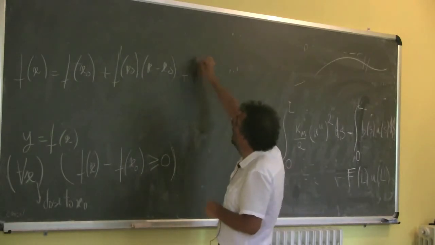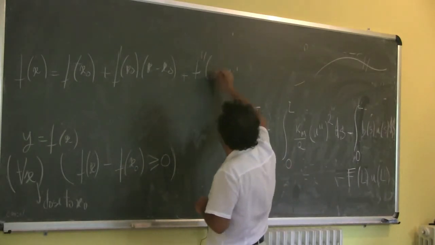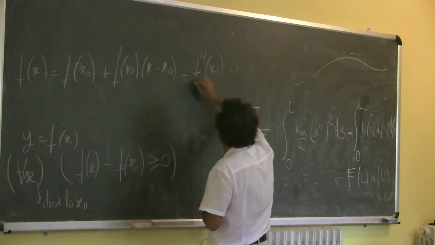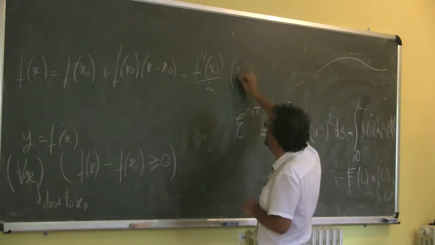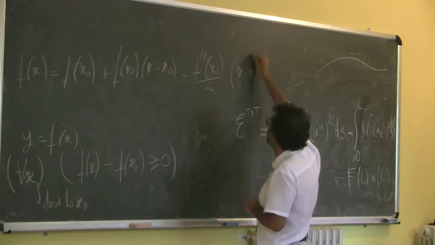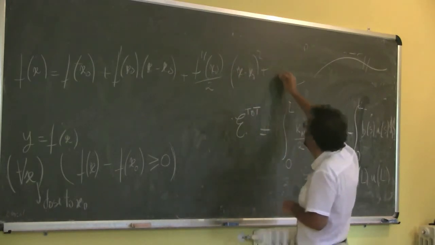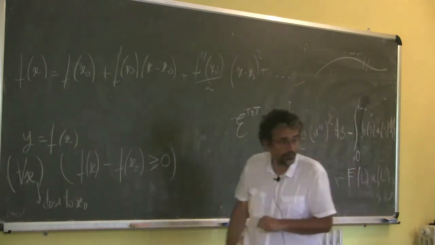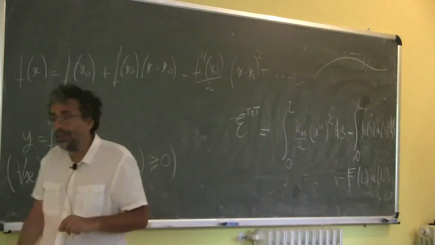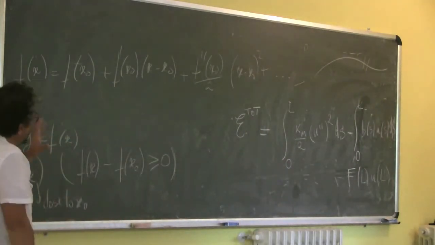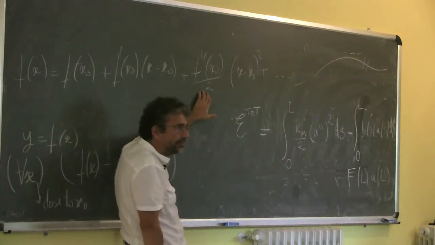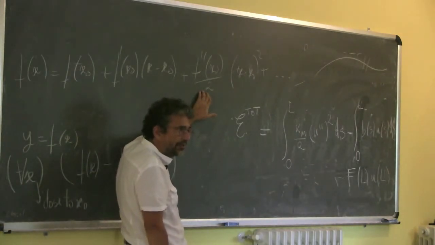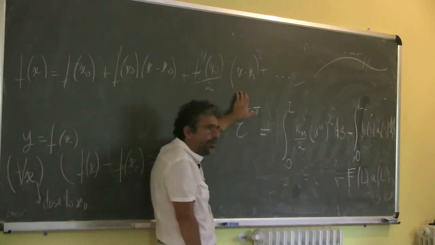Plus f second of x0 over 2 times x minus x0 squared plus other terms. Okay? Now, imagine that you know that the second derivative is positive in x0. This is always positive.